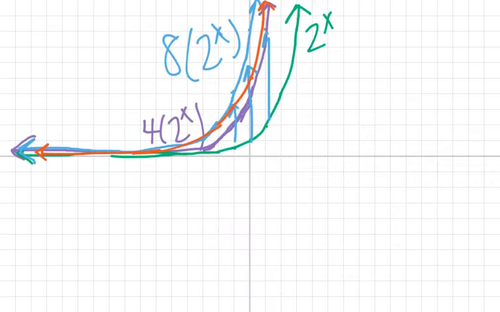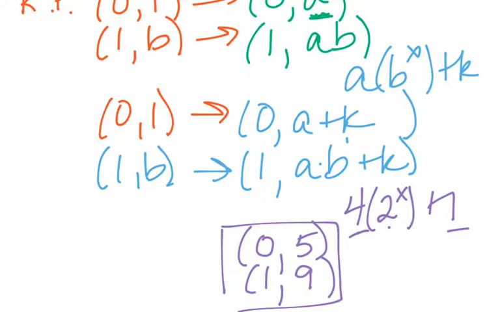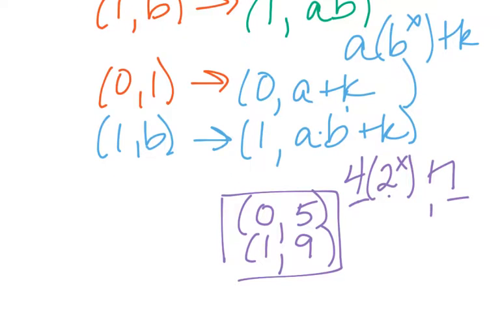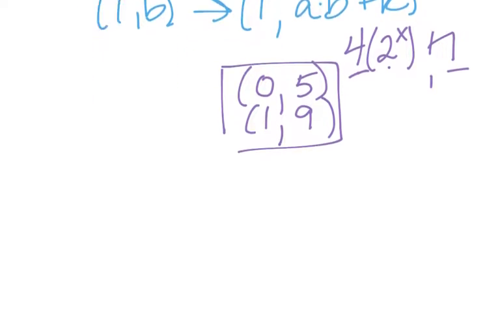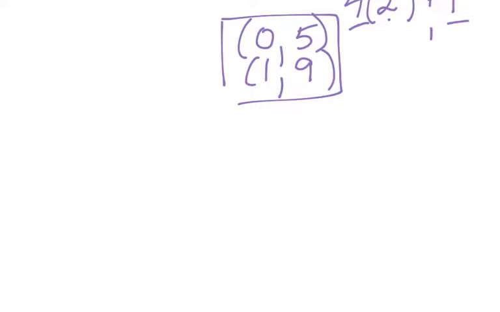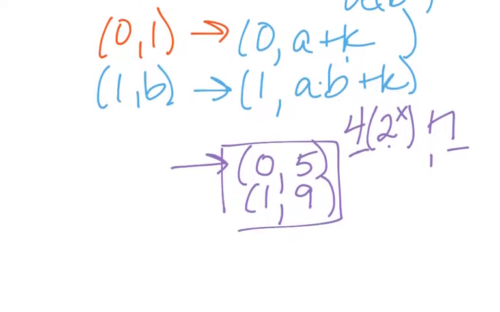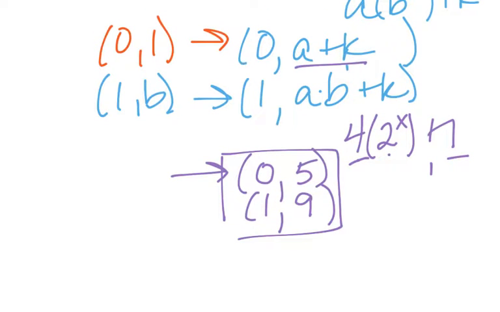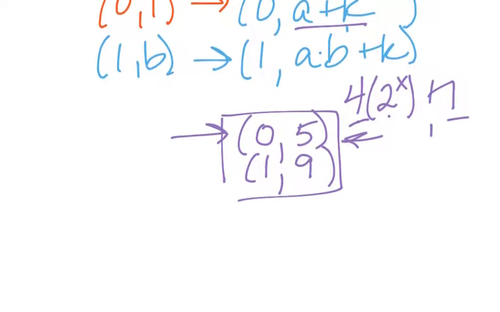So, like this sketch. All right, other key features. We have the y-intercept, which we've already identified, 0, comma, a plus k. Or for this specific graph, 0, 5. Increasing or decreasing?